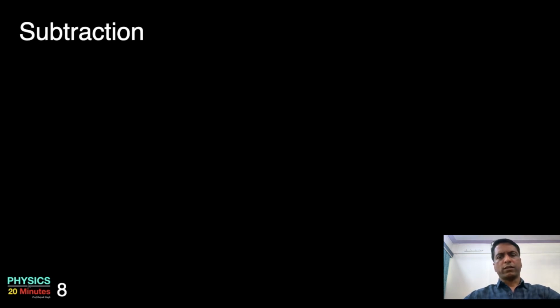How do we do vector subtraction? Suppose I have two vectors A and B, and I want to find a resultant vector such that it is vector A minus vector B. So how do we do that? Remember, subtraction is nothing but an addition of a negative number.